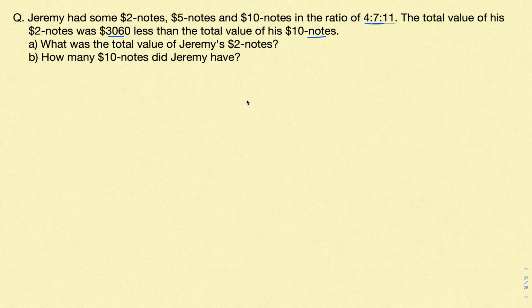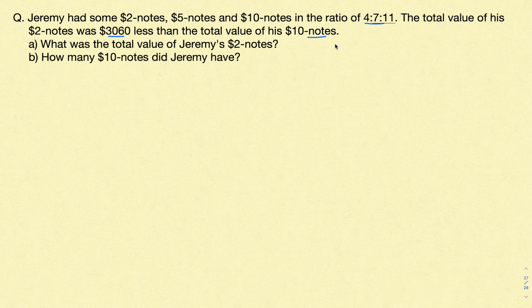Okay, so what we have here is a boy, Jeremy, and he has three kinds of notes, right? $2, $5 and $10. And the ratio of these notes is 4:7:11. Now the total value of his $2 notes was $3060 less than the total value of his $10 notes.